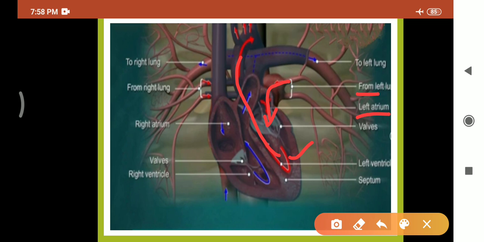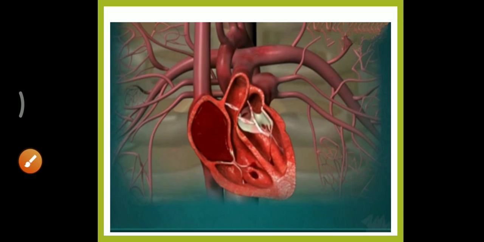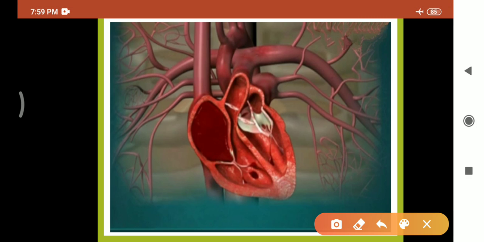Let's see what the actual function is over there. Let's see here in the slide. You can see the deoxygenated blood comes into the right atrium. Where is it?